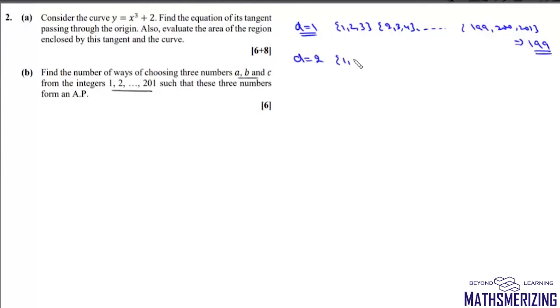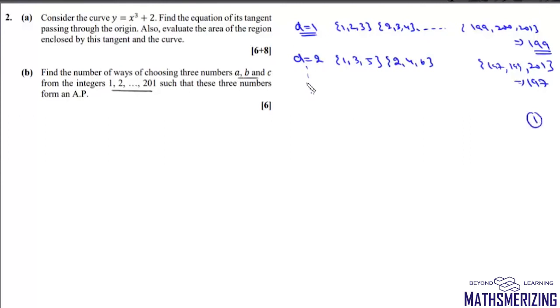Next we'll find number of APs with common difference 2. So we'll have 1, 3, 5, we'll have 2, 4, 6, and then finally it'll be 201, 199, and then 197. So that is it'll be 197. So we can keep doing that, and finally we'll get this result as 1.